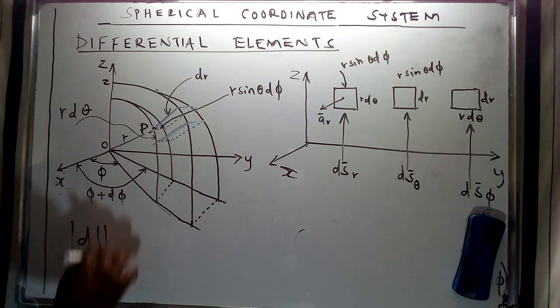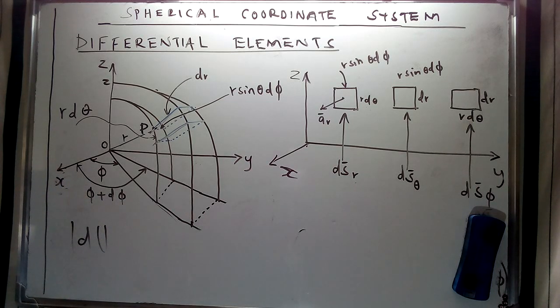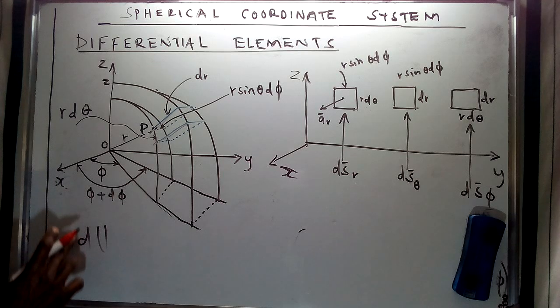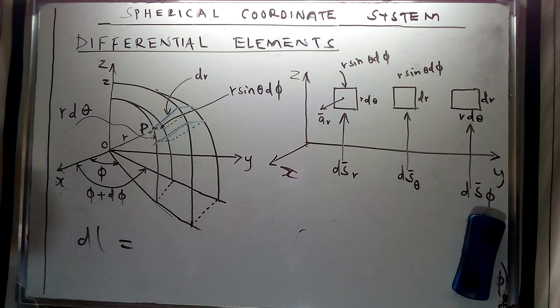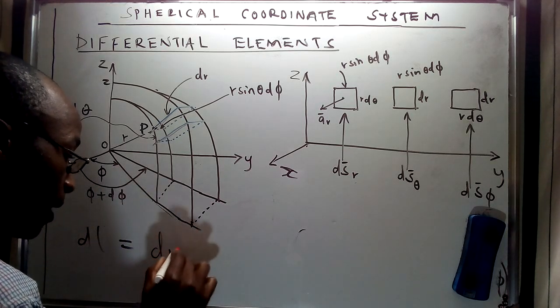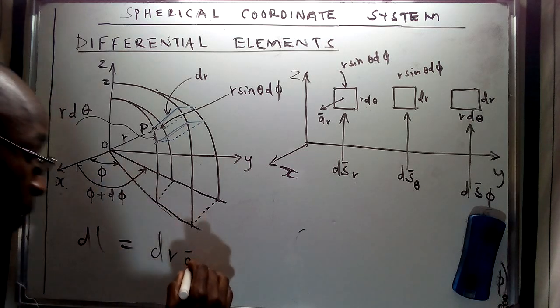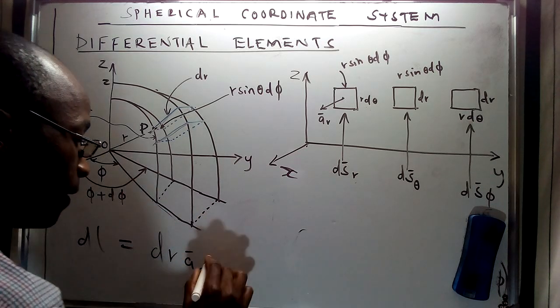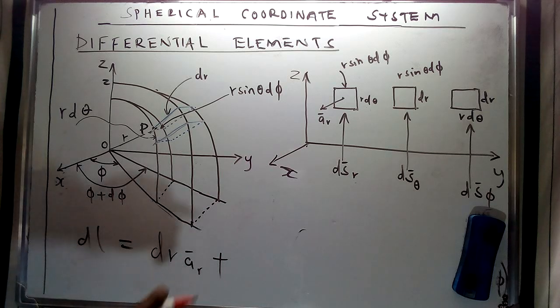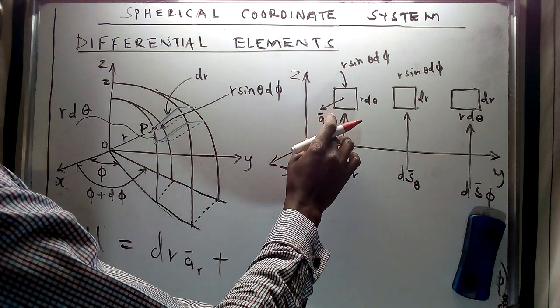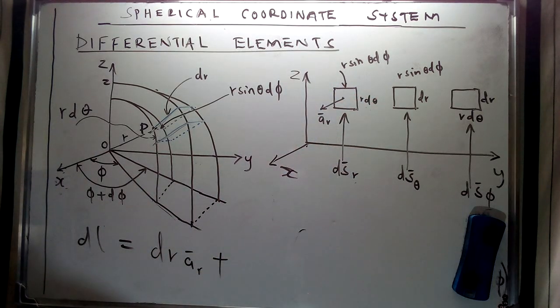So the vector that is going to be realized from this specific increment can be given in terms of dr for the radius, and this is going to be in terms of the unit or base vector a r, and then we said that these base vectors are going to be normal to those particular surfaces.